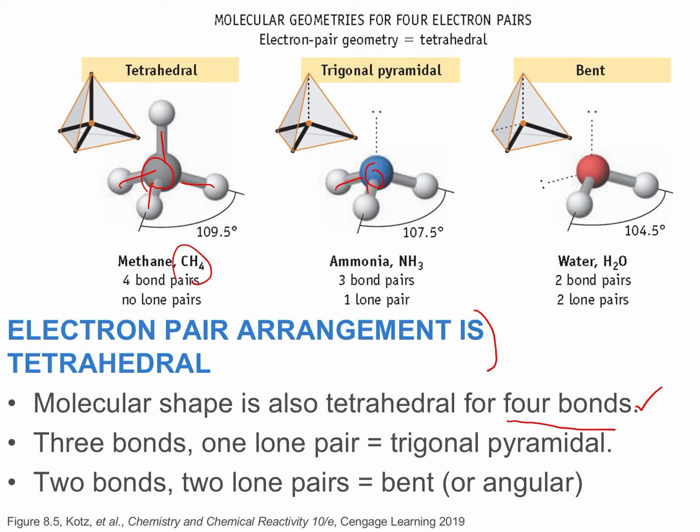Ammonia has 1, 2, 3 bonds, but then it has this lone pair of electrons. We still have to count those when we're looking at electron pair arrangement. So we have 1, 2, 3, 4, directed towards the corners of a tetrahedron. So for ammonia, the electron pair arrangement is tetrahedral, but its molecular shape is trigonal pyramidal.